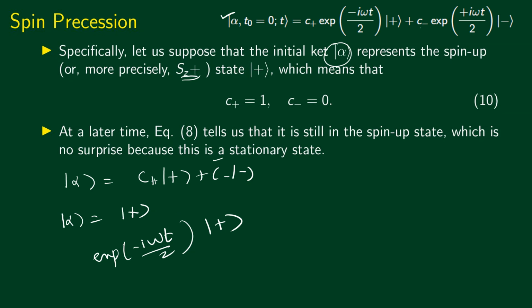So the state does not change. The modulus of the expansion coefficient is also 1, so the normalization also does not change. So if we start with a spin-up state, the system will remain in a spin-up state. This is not surprising because this is a stationary state. It's an energy eigenket. This is what happens to an energy eigenket.